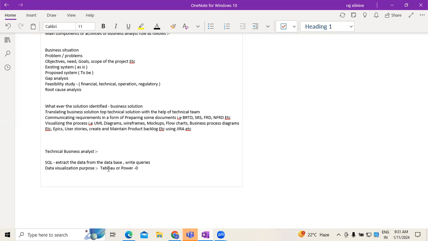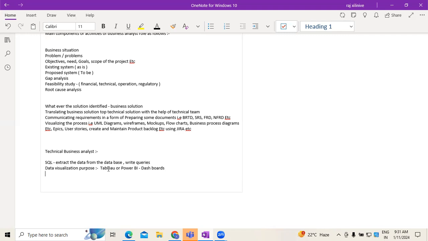So this is all to prepare dashboards, right? This is also something we require nowadays. This is point number two.